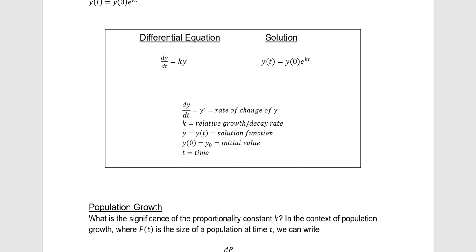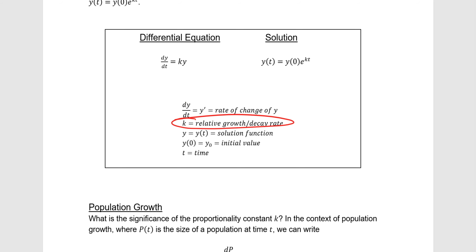And then the solution to this differential equation, that y function, in order for this to be true, has to be in this form right here. Y of t equals y of 0 times e to the kt. And then here we have everything labeled. dy dt can also be written as y prime. It's the rate of change of y, or the derivative of the function.